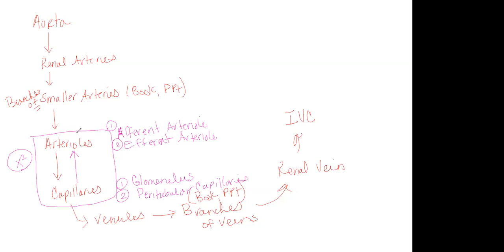So blood enters from these smaller arteries into the afferent arteriole, to the glomerulus, to the efferent arteriole, and then into the peritubular capillaries. So this is blood flow to the kidney and the nephron.